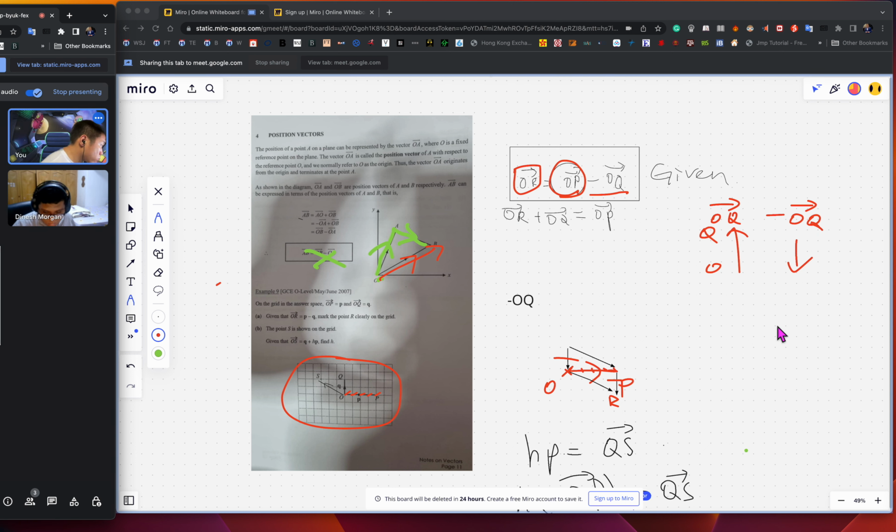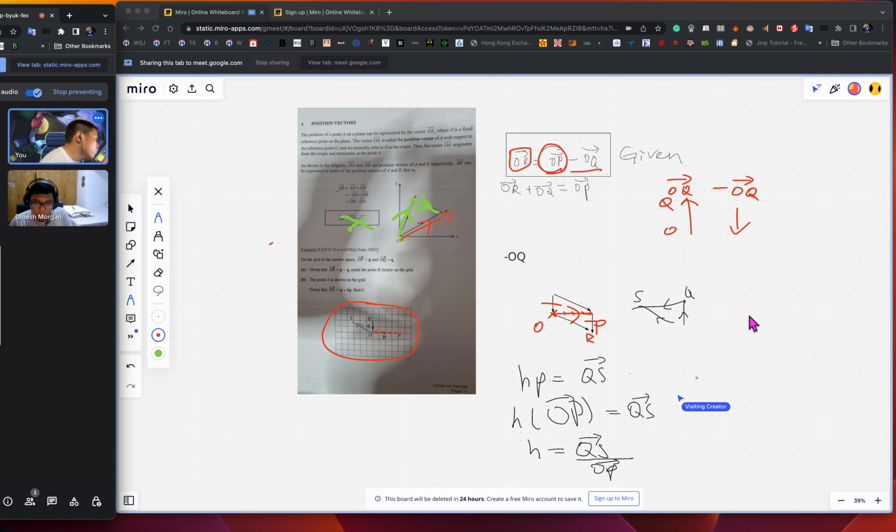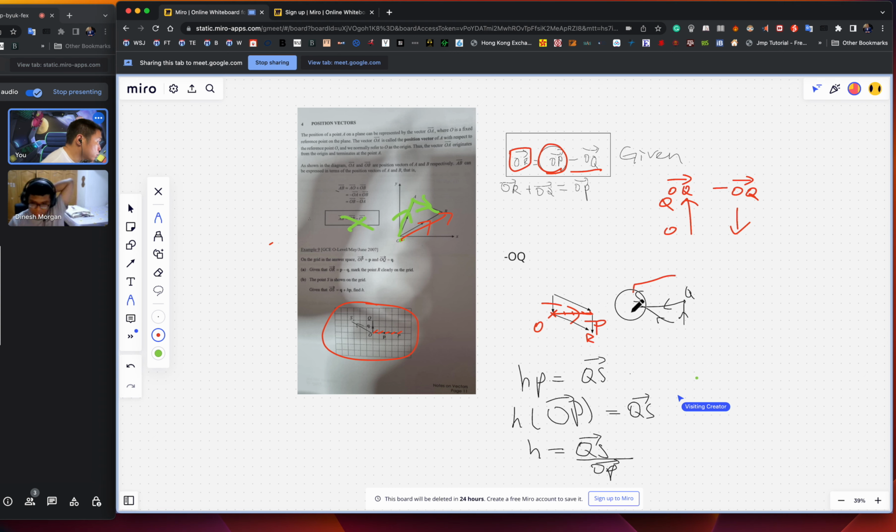QS. Okay, good. I understand that. So in a way, you have to draw this out so that the examiner knows your thinking process. I can draw it on the diagram, right? Yes.